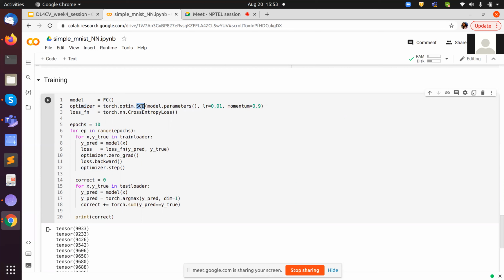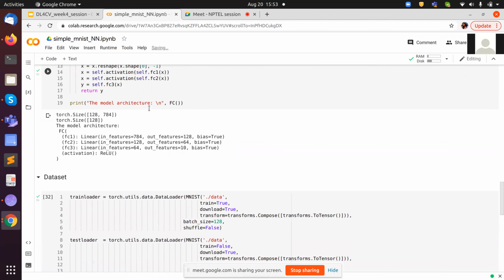Here SGD represents the stochastic gradient descent optimizer. You can try other optimizers which are available, maybe Adagrad and so on. They are all available in PyTorch, and you can just change it here. Maybe I'll show one more experiment with Adam. Then model.parameters is basically all the parameters of this model.